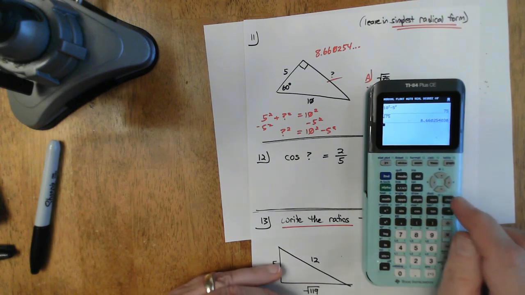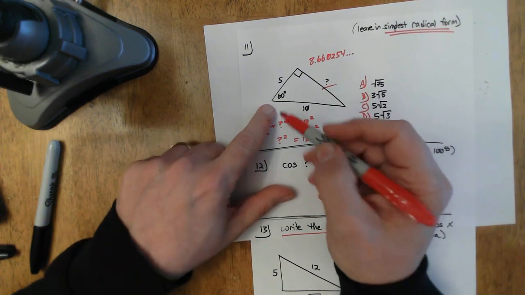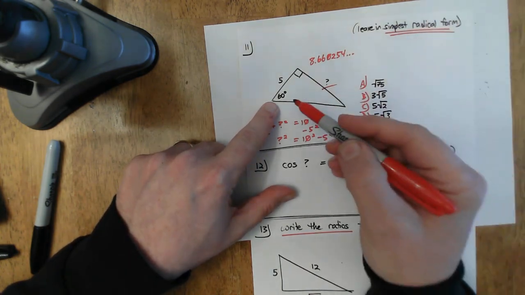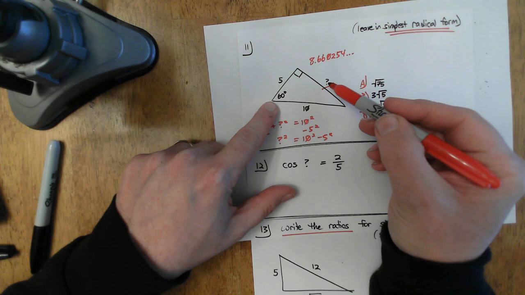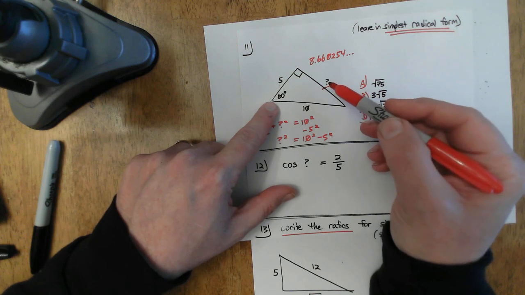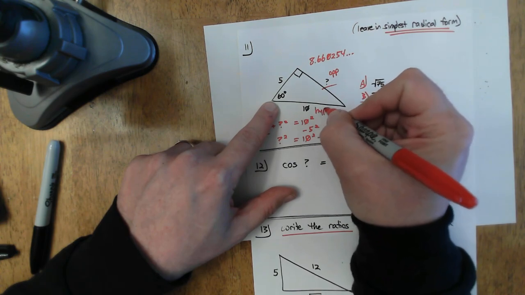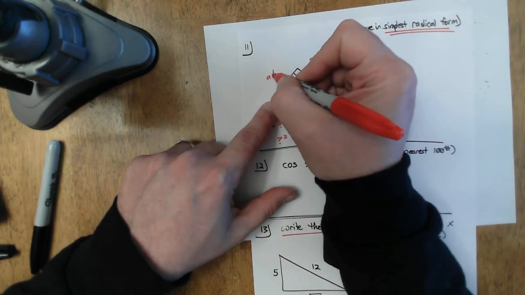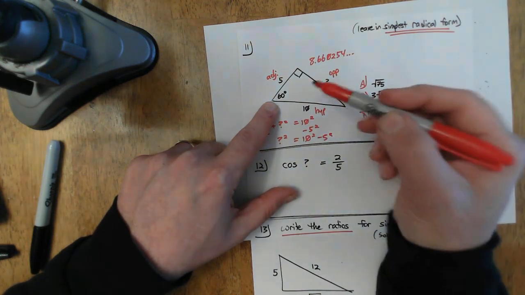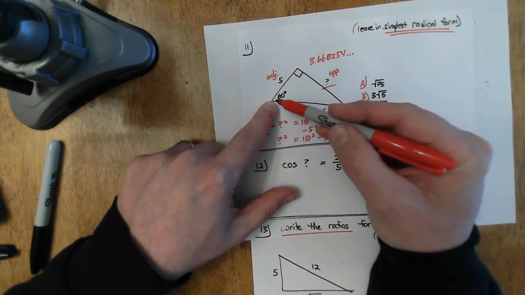If I use trig, I'm going to use this angle, and I need this side over here. The sine of theta: this is the opposite, this is the hypotenuse, and this is the adjacent. The opposite over the hypotenuse would be the sine.